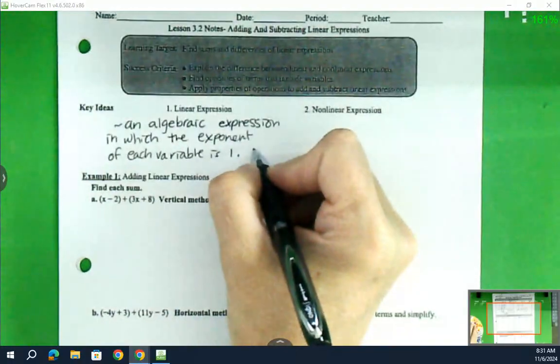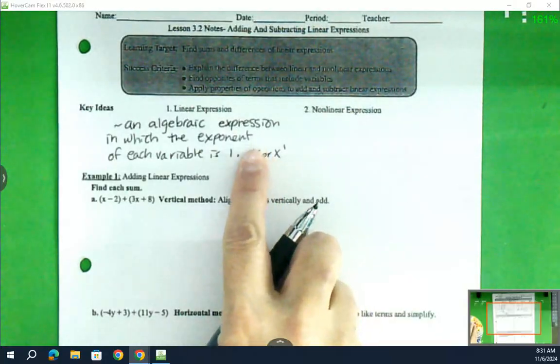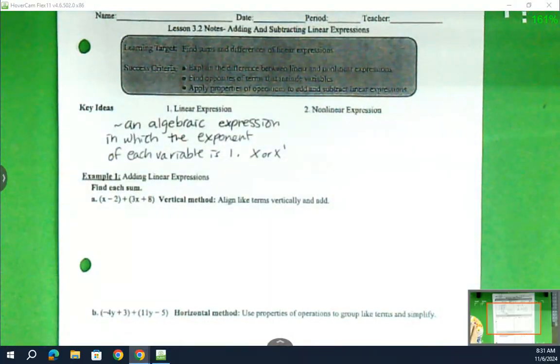Okay, so we have x, or just x to the power of 1, but we're not going to have any x squareds or x cubes because those would not be considered linear.